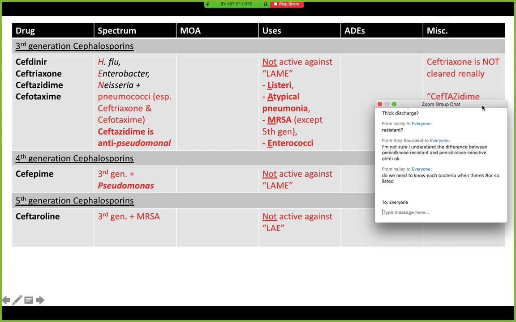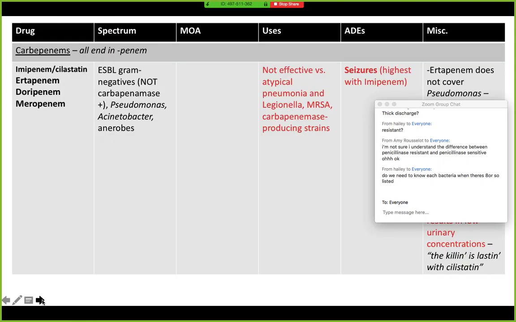If you get a stem with a patient who has a lot of kidney problems, ceftriaxone might be an acceptable choice because it's not cleared renally. So it's going to be safe for that patient. That's a way she could present that in a question stem. Okay, and you'll notice here I left out the M because your fifth generation cephalosporins are going to be active against MRSA.